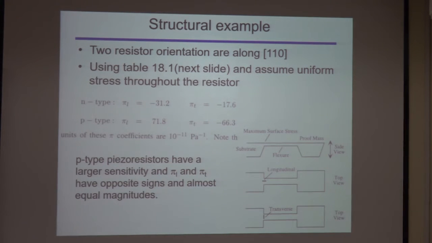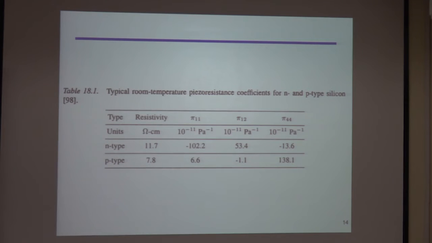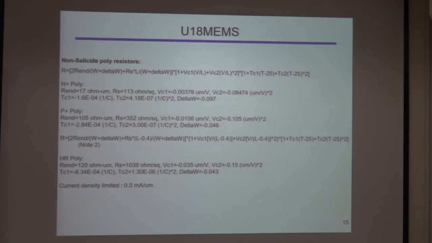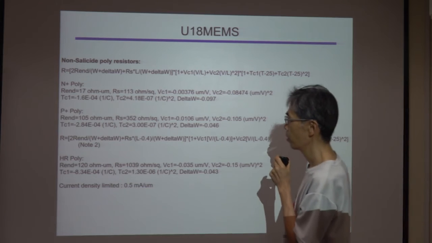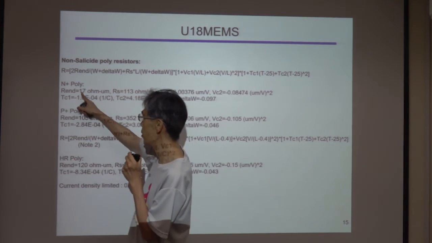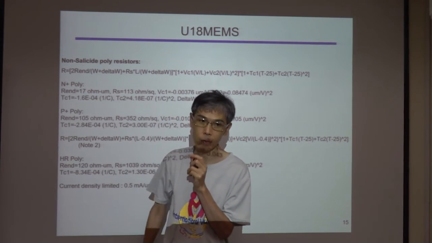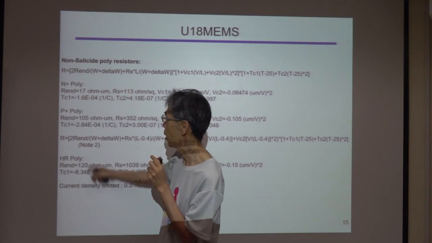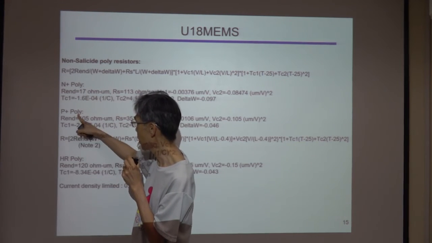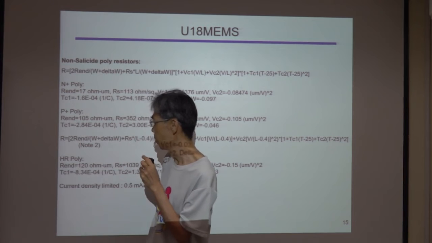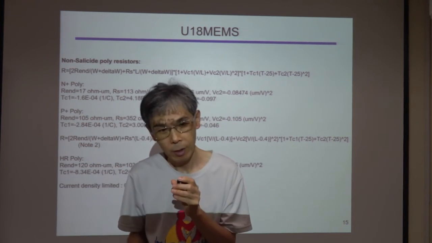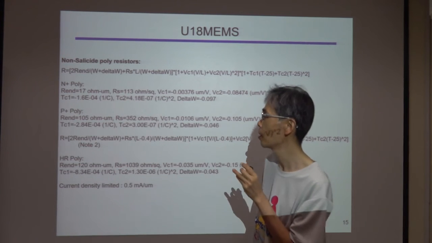Okay, next page. So for U18 MEMS, we have polysilicon, which is a piezoresistor. We have N plus poly, P plus poly, and HR poly for us to select from.